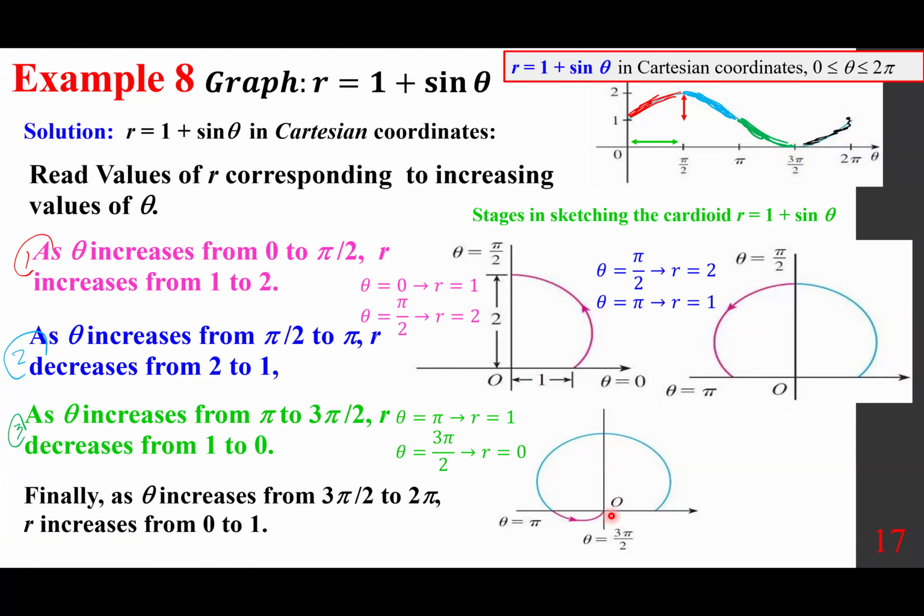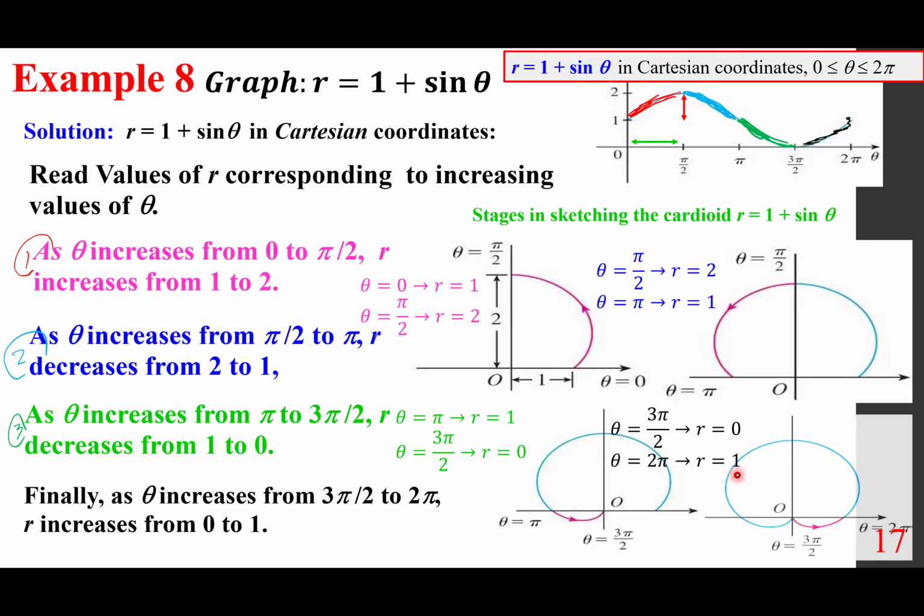So this is 1. Theta equals 3 pi over 2, r is 0. Theta equals 2 pi, sine is 0, so we get 1. And this is the last stage. And why is this called a cardioid? It looks like a heart. So r equals 1 plus sine theta gives rise to a cardioid.